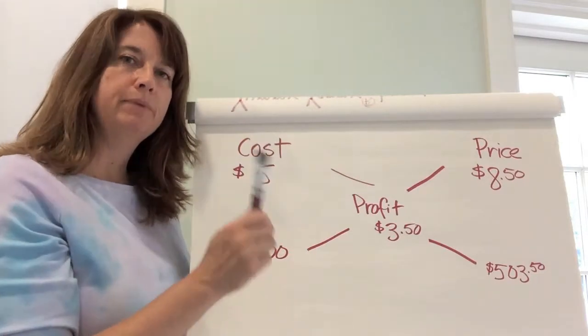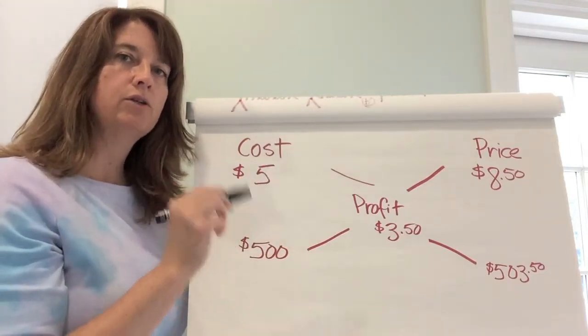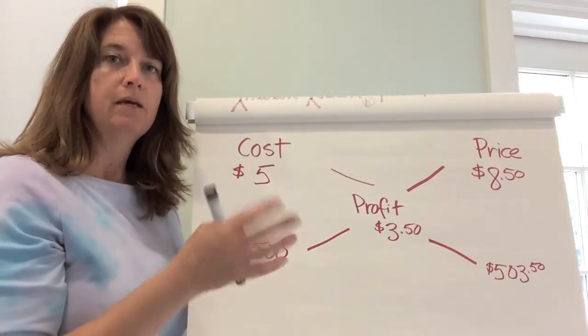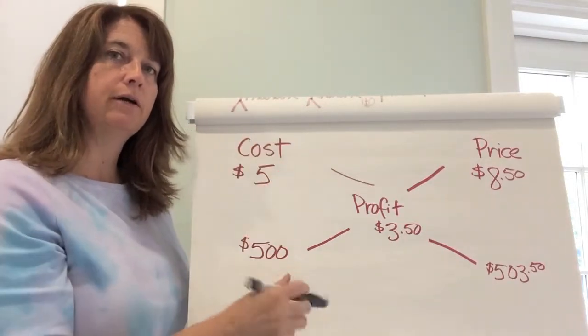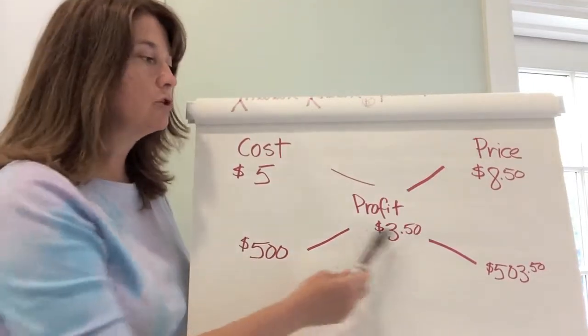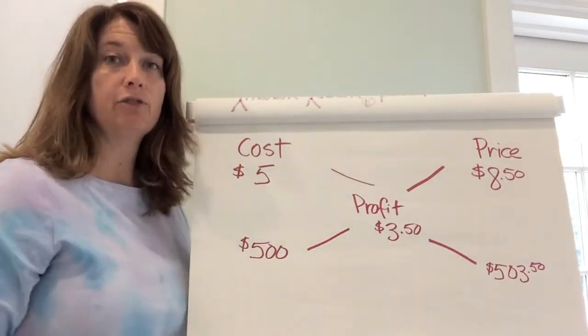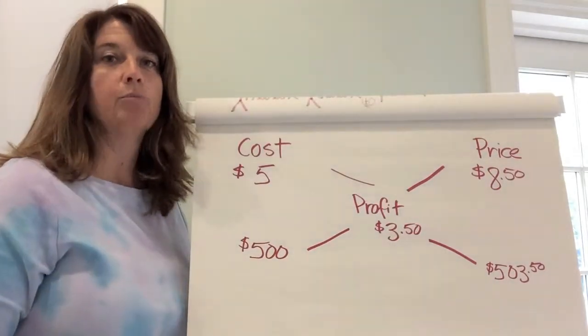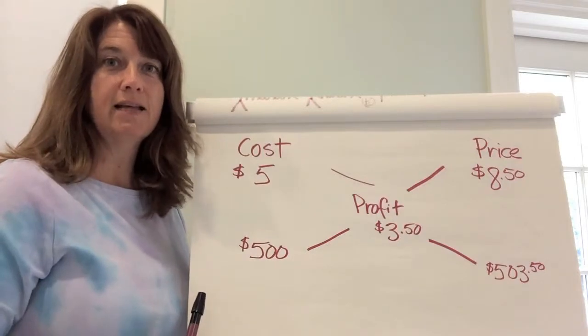But when you're running a business, you tend to look not just at dollars, but at percentages. Because imagine this scenario where you bought a product for $500 and at your store you sold it for $503.50. You would also be making a profit of $3.50.